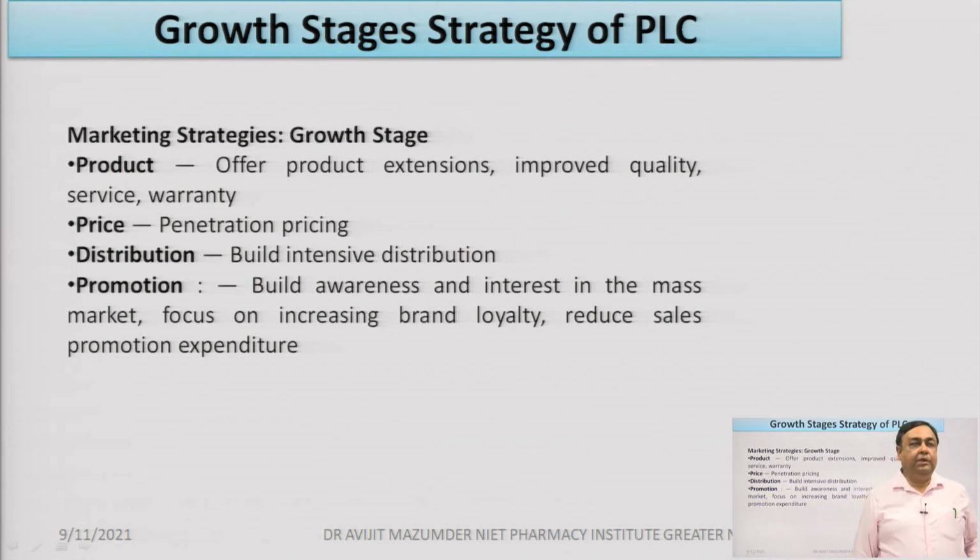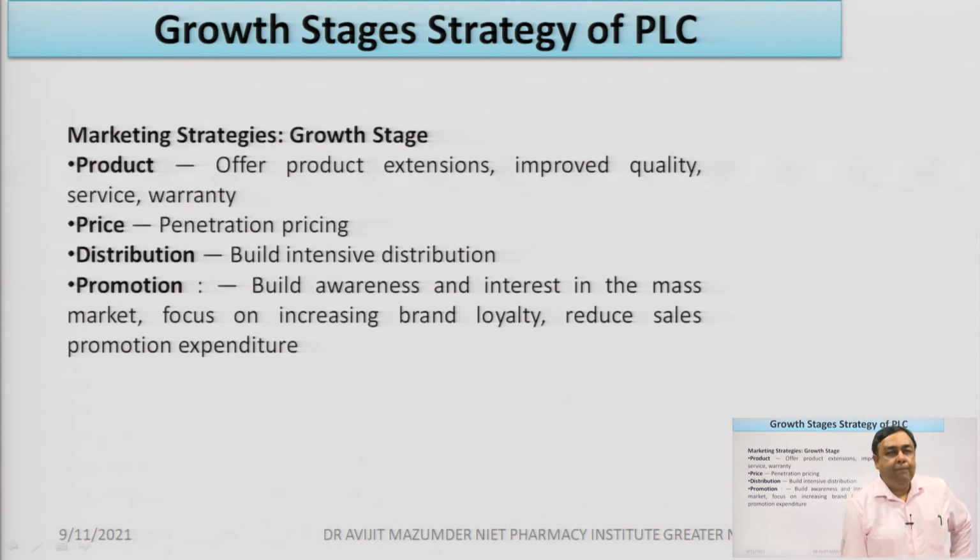Next, as far as the distribution is concerned, we have to make a massive distribution in the growth phase, because the more you distribute your product, the more revenue you earn, the more profit you earn.